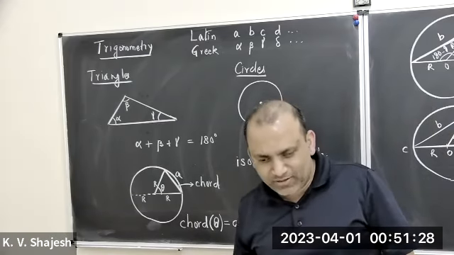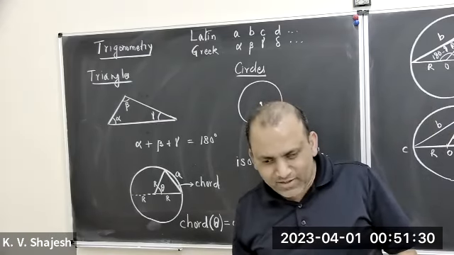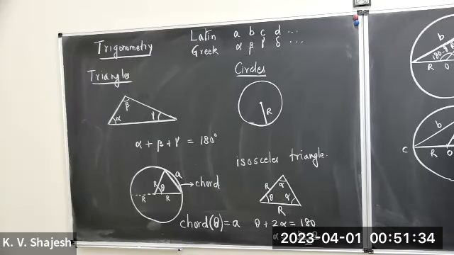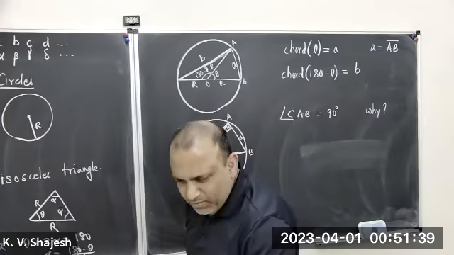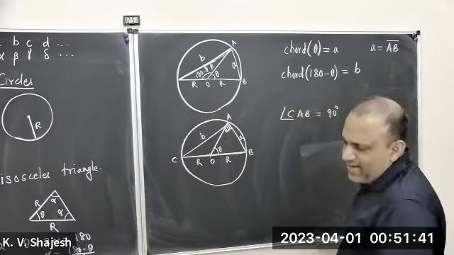Only then can we use the Pythagoras theorem, right? So somehow I have to conclude that this is 90 degrees. Yes, you're correct that that's 90 degrees. I grant that to you. But there's a very simple way of showing that that's 90 degrees.